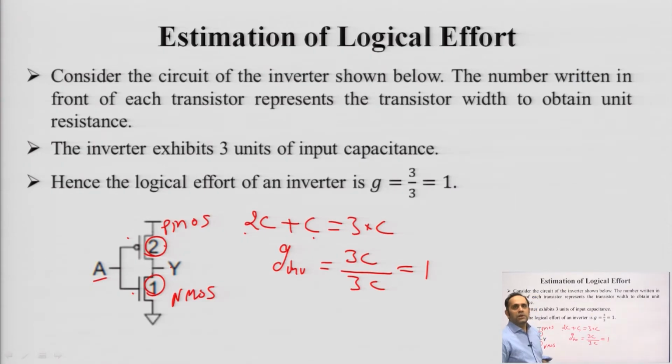The logical effort of an inverter is always unity. It sometimes also acts as a reference for me. For defining other logical circuits, you can define in terms of the inverter also, taking the inverter as a reference. So, we have seen and shown here that the logical effort of an inverter is unity.